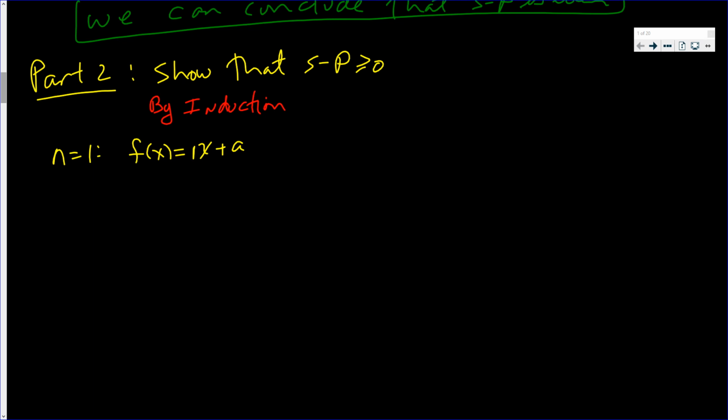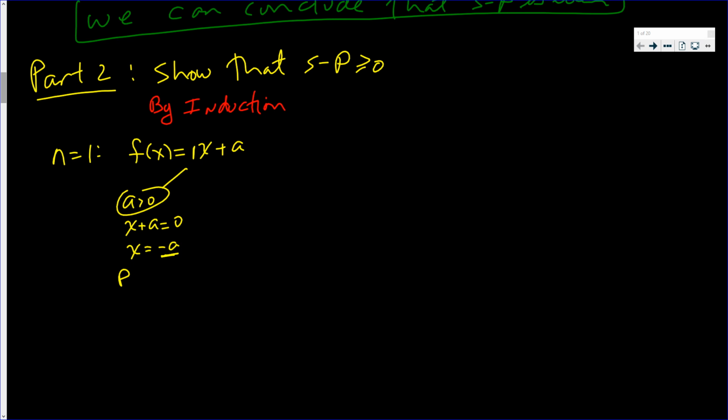Now, we're going to have 2 cases. If a is bigger than 0, then x plus a equals 0. That means x is negative a. Now, if a is positive, this root is negative. So that is the only root.